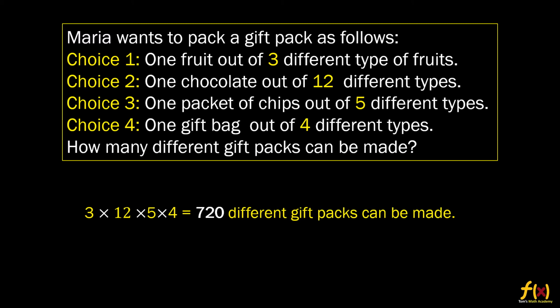How many different gift bags can be made? So we have all the numbers available. So we simply multiply those numbers and we get 720 different gift bags. Application of the fundamental counting principle.